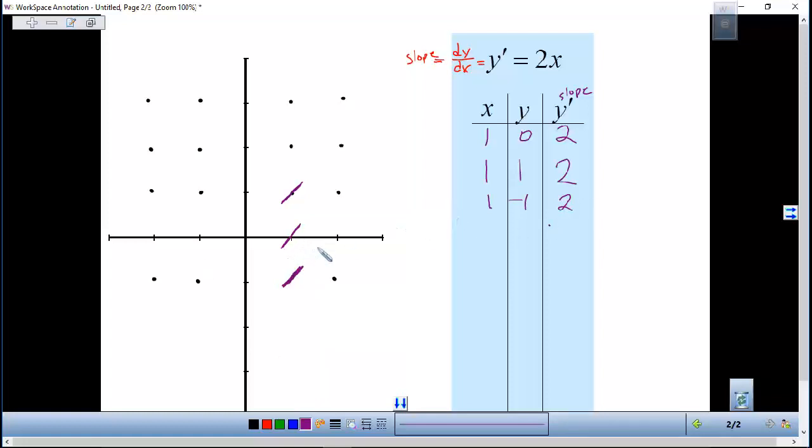Now, in case you haven't picked up on this yet, x is the only thing that affects the slope. So as long as the x is the same value, what do we know? The slope is going to be the same value up and down and all over.